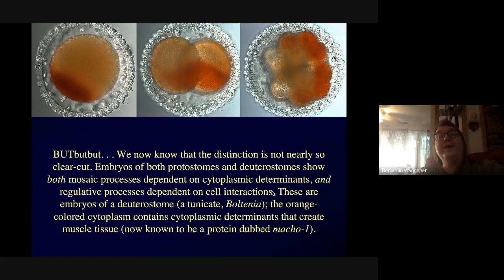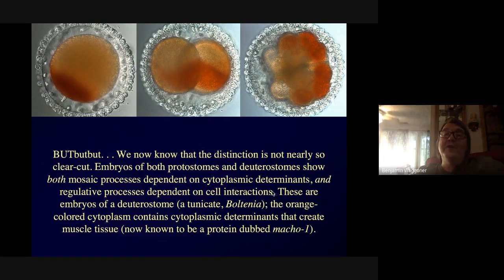When that divides into the 2-cell stage, you can see that that zone of darker orange cytoplasm has been divided into 2. So if you look at the embryo in the middle, each of the two daughter cells has some of that orange cytoplasm. And then if you look at what looks like an 8-cell stage over there, you can see that some of the cells have that orange cytoplasm and some don't.